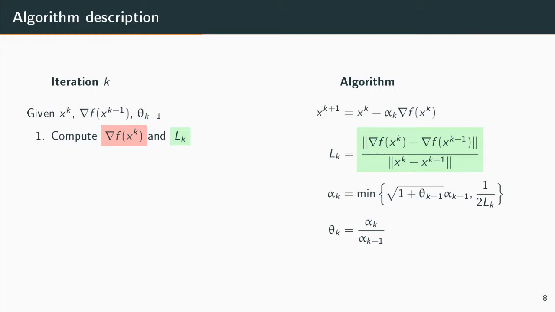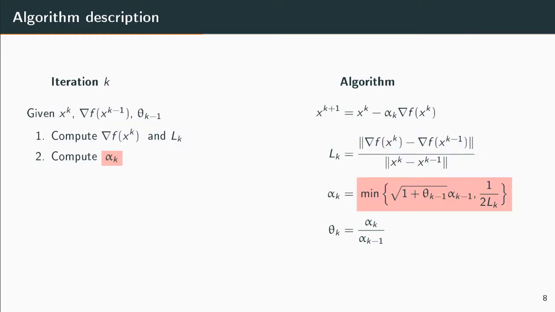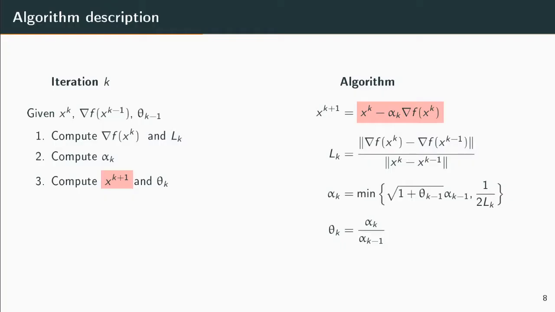Then with this information, we proceed to compute alpha k. So alpha k is just a simple substitution that doesn't require any expensive computation. After we compute alpha k, we update our iterate and compute xk plus 1.